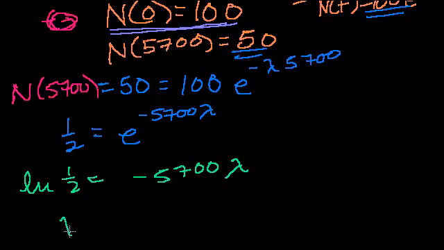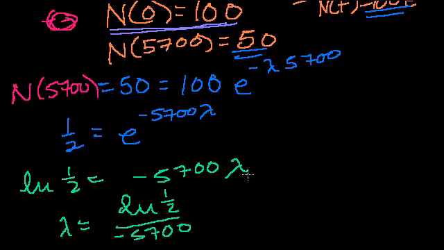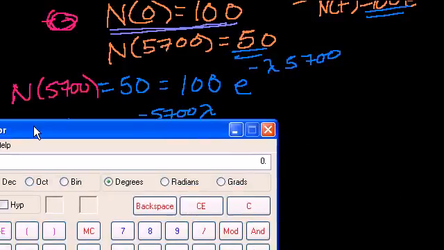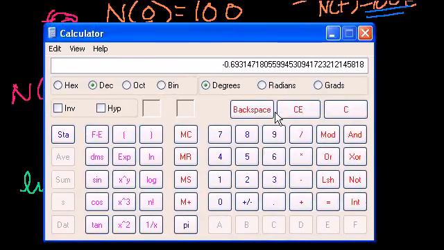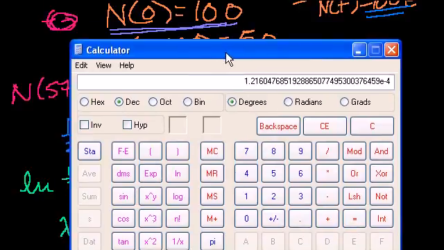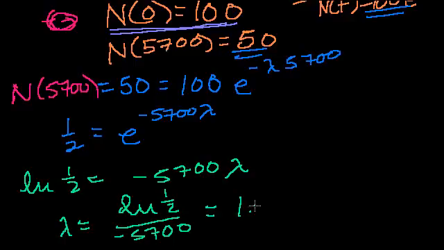To solve for lambda, you get lambda is equal to the natural log of 1 half over minus 5,700. So let's see what that is. The natural log of 0.5 divided by minus 5,700 is equal to 1.21 times 10 to the minus 4.